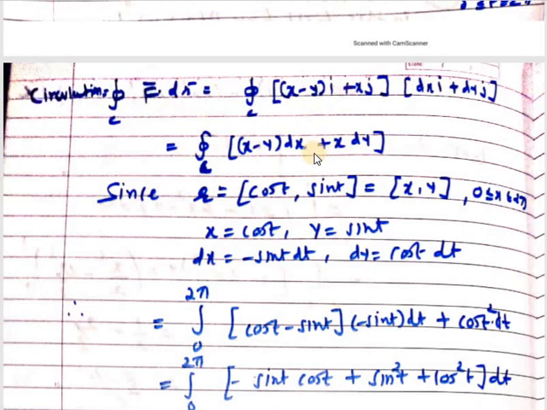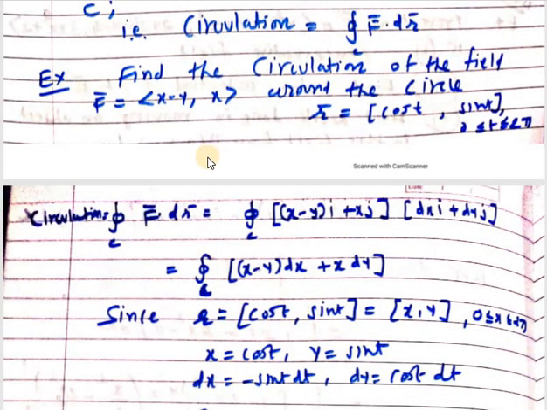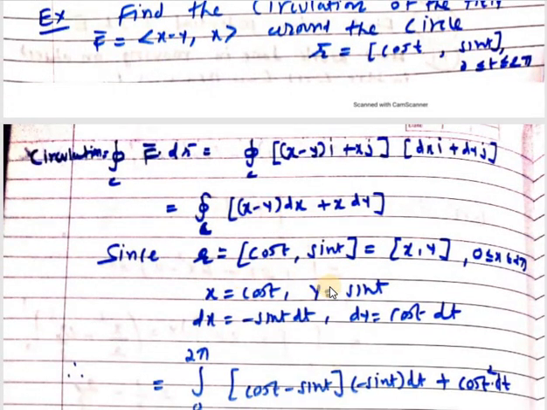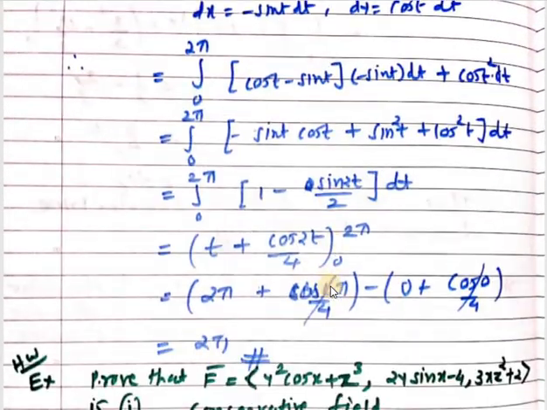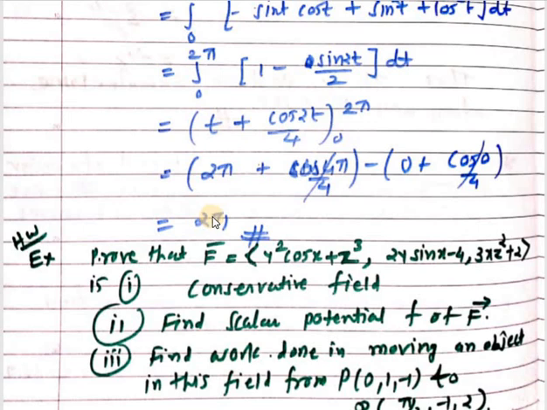I'm not going to discuss each and every step, but I want you to become familiar with circulation. Whenever circulation is there, in our line integral we will mention the circle. When we simplify all these terms, you will get the answer, that is 2 pi.